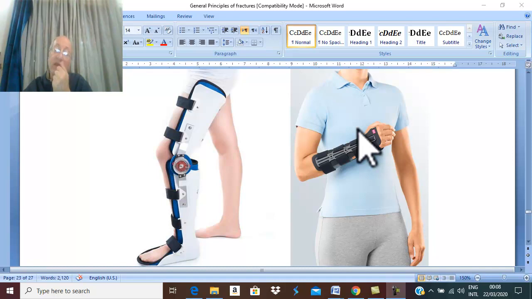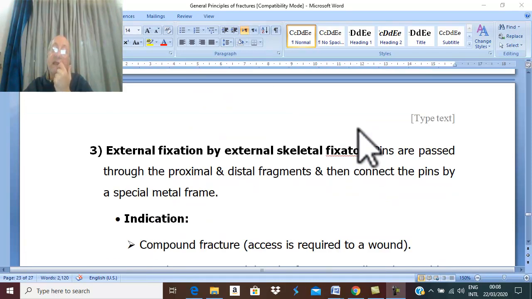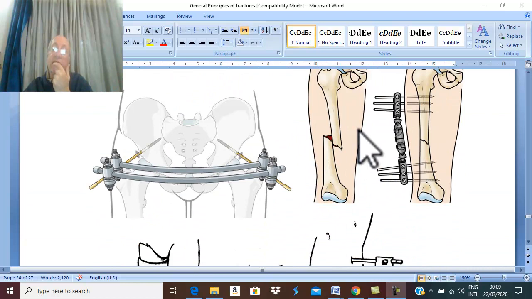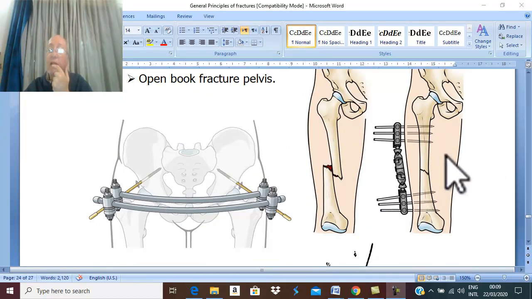Also, the third after POP and after orthosis, there is this type of fixation, which is called external skeletal fixator.